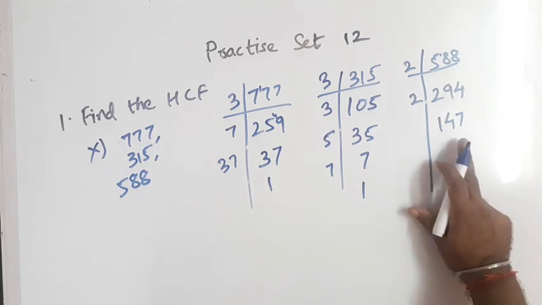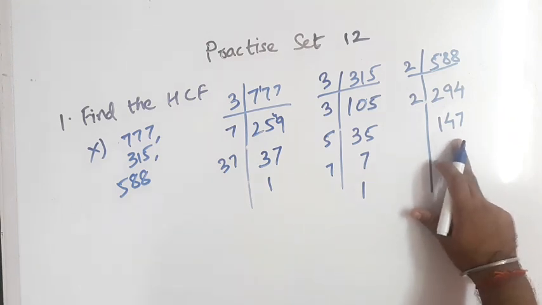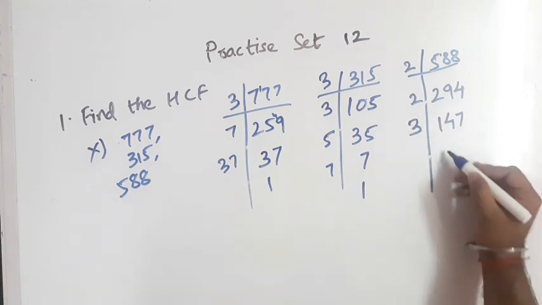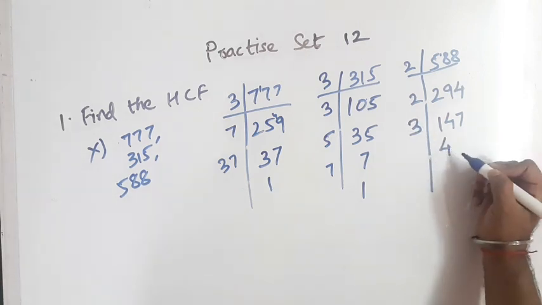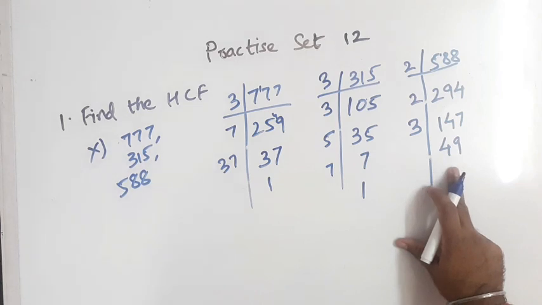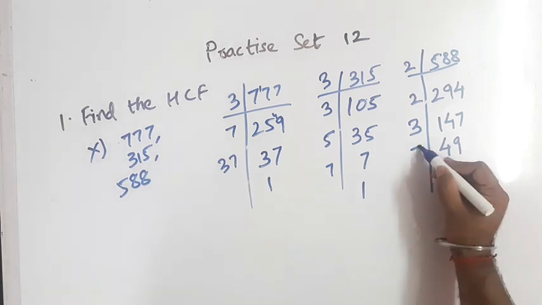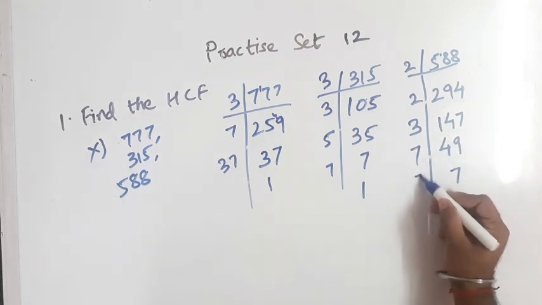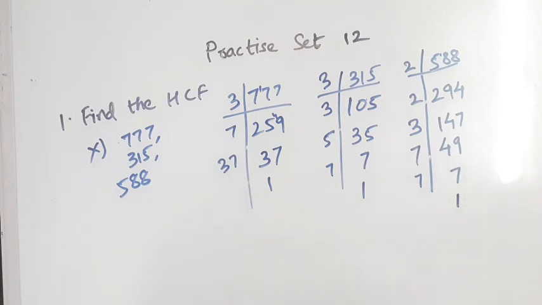Okay. I cannot take 2, but you can see that you can add them, you get 12. So I can take 3. 3 4s are 12. 2 remains. 3 9s are 27. 49 is the number. So the divisor of 49 is 7. So 7 7s are 49 and 7 1s are 7.